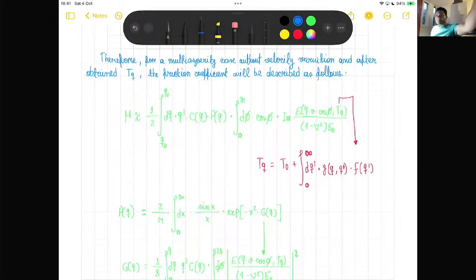What time is it? 20 minutes. How much time? Inside it, 1 hour and 25 minutes.